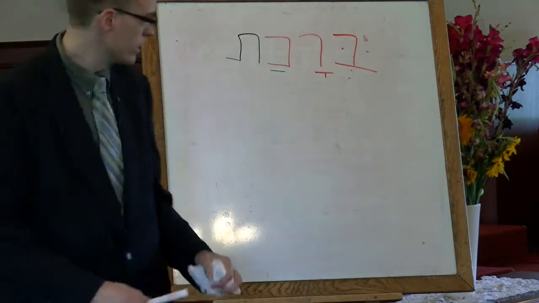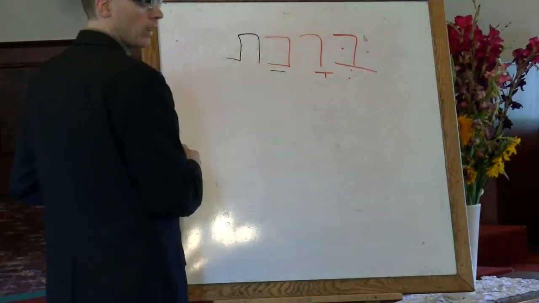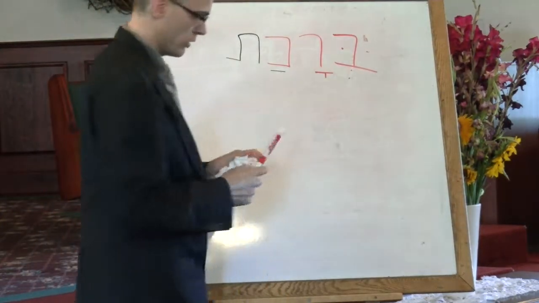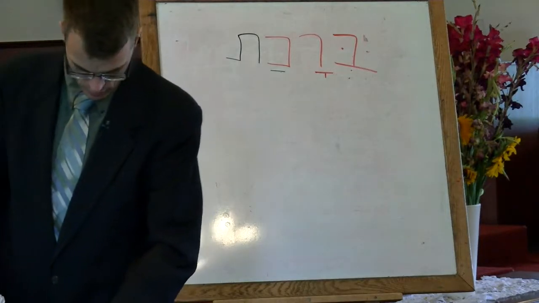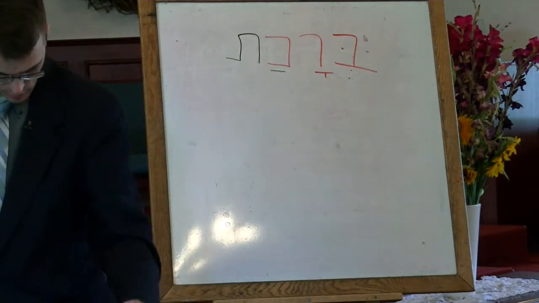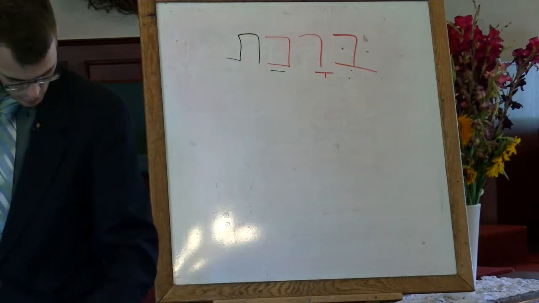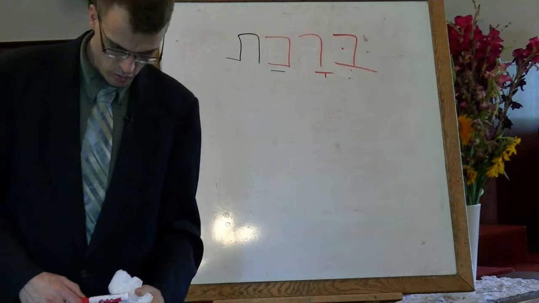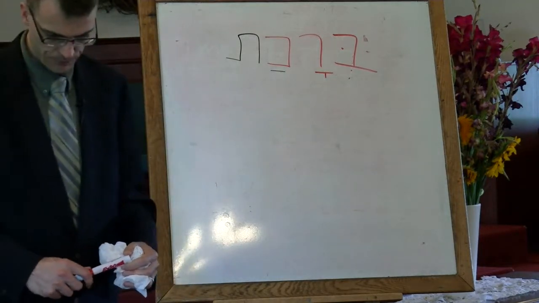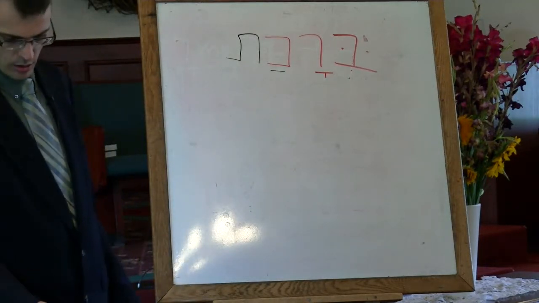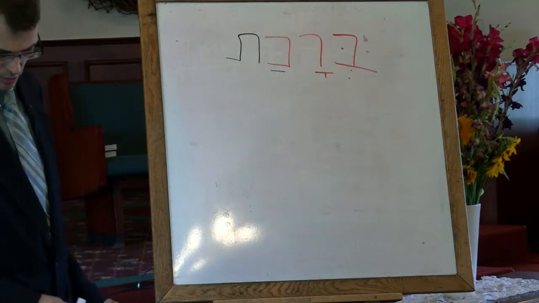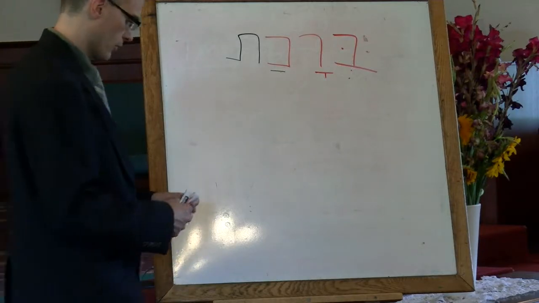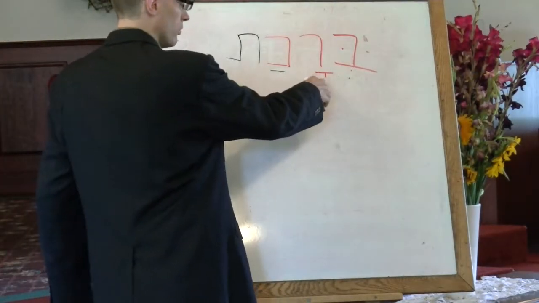And so what we did is we took off the ah and we put the ath on it. And now we're saying this qamets needs to do something to it. And the question is, does rule 1 on page 70 apply? Or does rule 2 apply on page 70? And so we're seeing if rule 2 applies. Rule 2 is qamets in a final closed syllable is replaced by patach. So is this a final syllable? Ra.